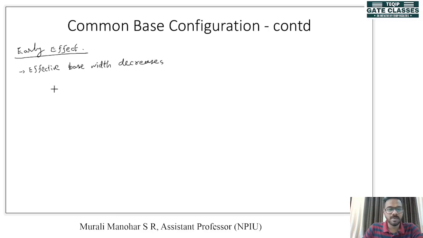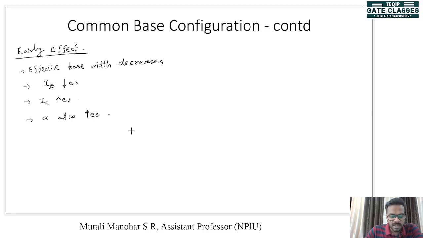As effective base width decreases, the recombination current in base decreases, so IB decreases. If IB decreases, we have kept IE as a constant, so IC increases. At the same time, alpha also increases. Alpha is the current gain, IC by IE.